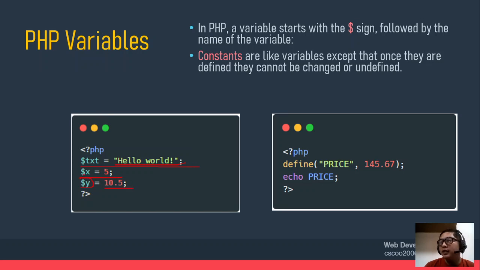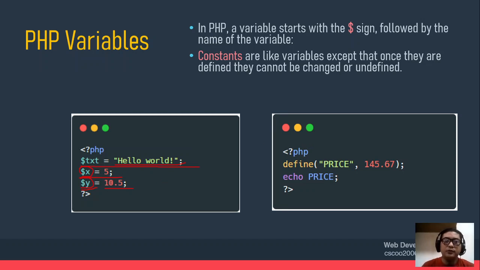For example, this one, x, which means the value of this variable will become integer, while this one is a floating point because it contains a decimal point. It automatically figures out what particular value this variable will contain, depending on the value assigned to it.